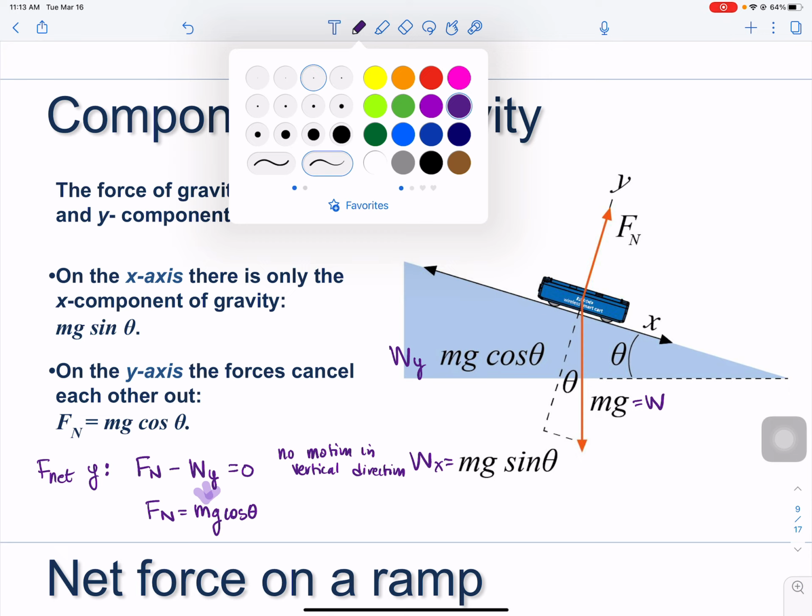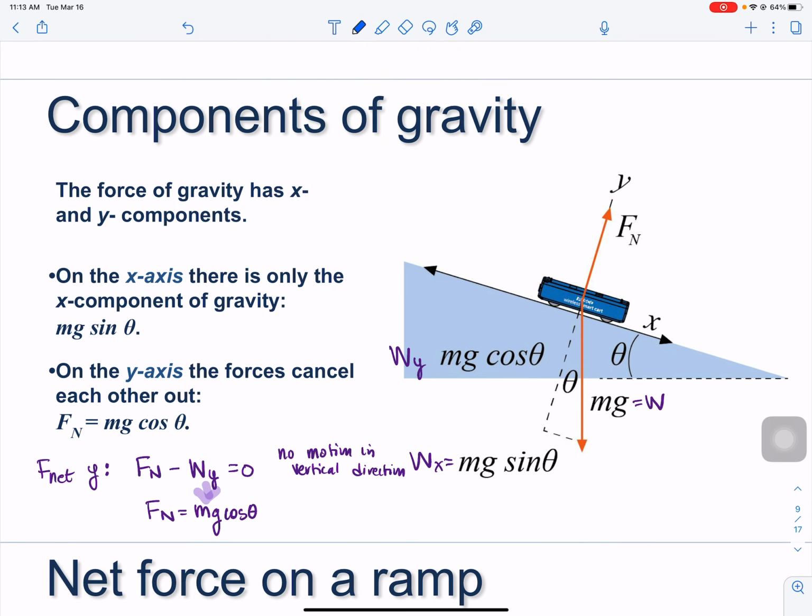All right, if we look in the x direction, so net force in the x direction, and we look at our diagram, we only have weight in the x direction. But that is actually accelerating, and so that's going to be ma, and you can put x if you want to. And so what we end up with is that mg sine theta is equal to max.